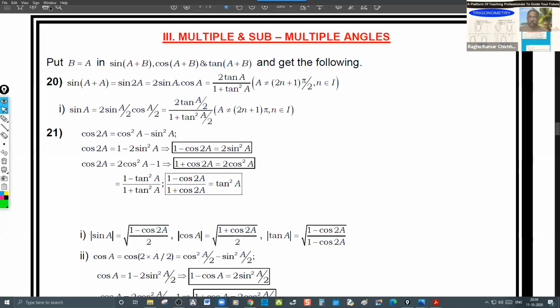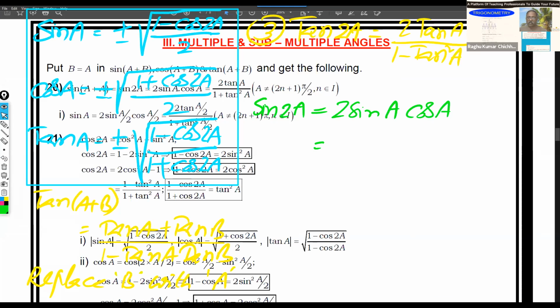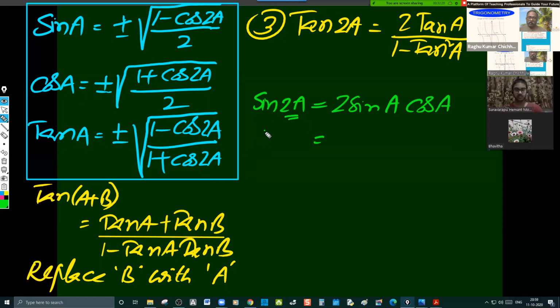Sine 2A formula I asked you. Sine 2A is 2 sine A cos A. If you take sine 2A as 2 sine A cos A, then I want to convert this multiple to a submultiple.